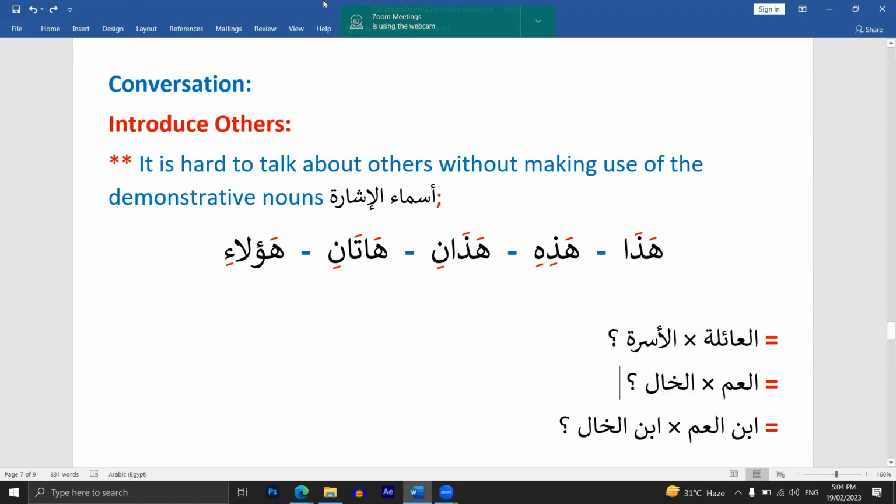I hope you all know the difference. Can someone differentiate between both of them? Just give a chance for others, please. Okay. Anyone else can differentiate between al-am and al-khal? Okay, we have Madame Shazia. Go on, please.